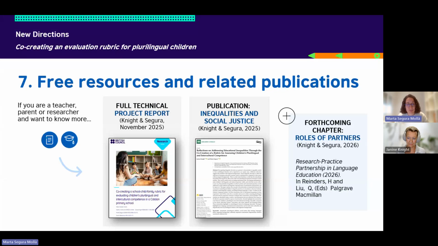And then if you want to know even more, we have some more complete and longer written documents. We have a full technical report on the project that's available as well on the British Council website, and a publication about inequalities and social justice that came out last year. And we are working on the final edits for a chapter about the changing roles of the different partners.